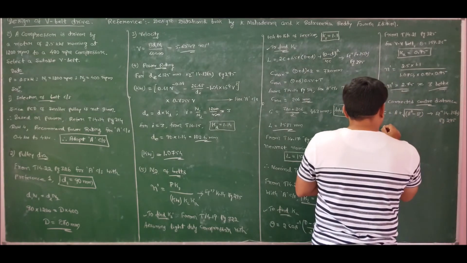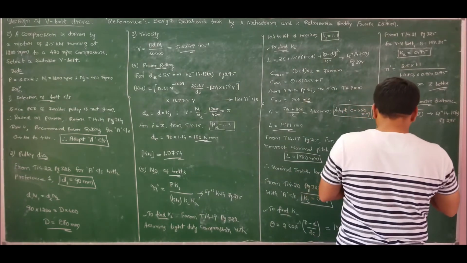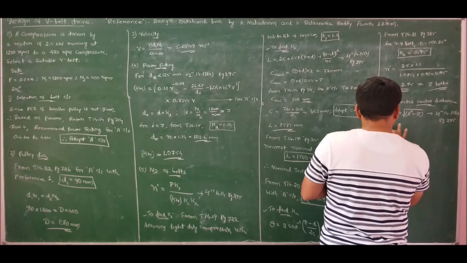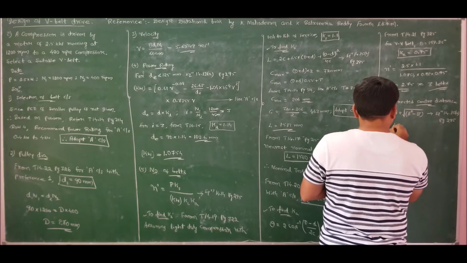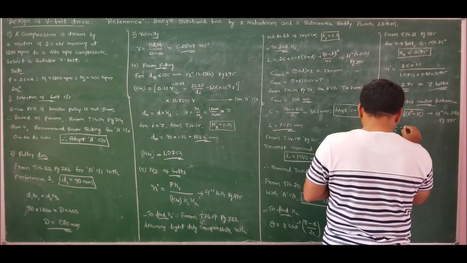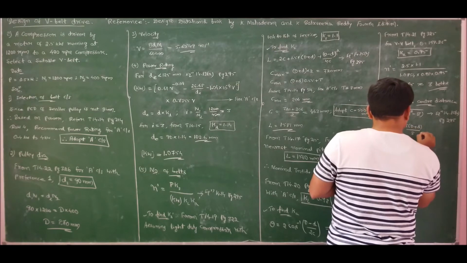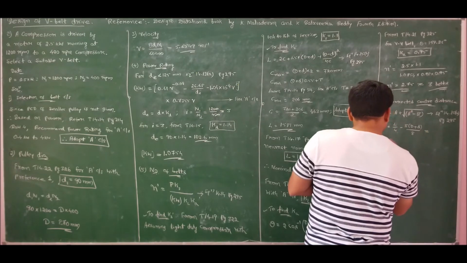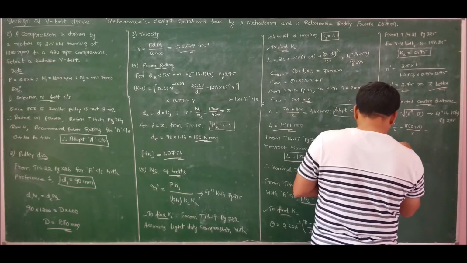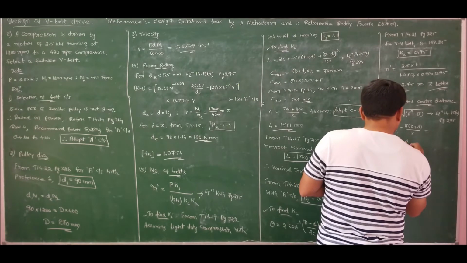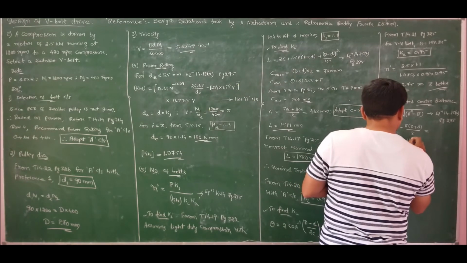Where we know the value of a as L by 4 minus pi times (D plus d) divided by 8, and the value of b is given by (D minus d) divided by 8, whole square.